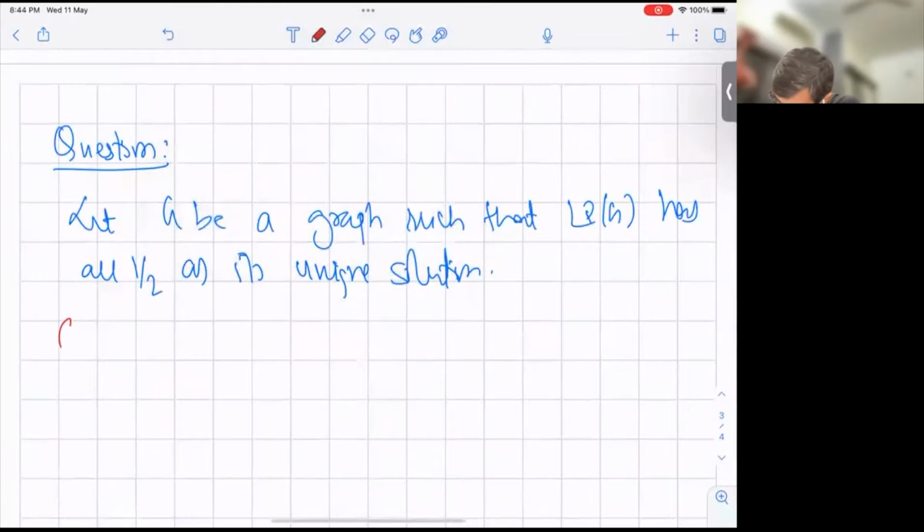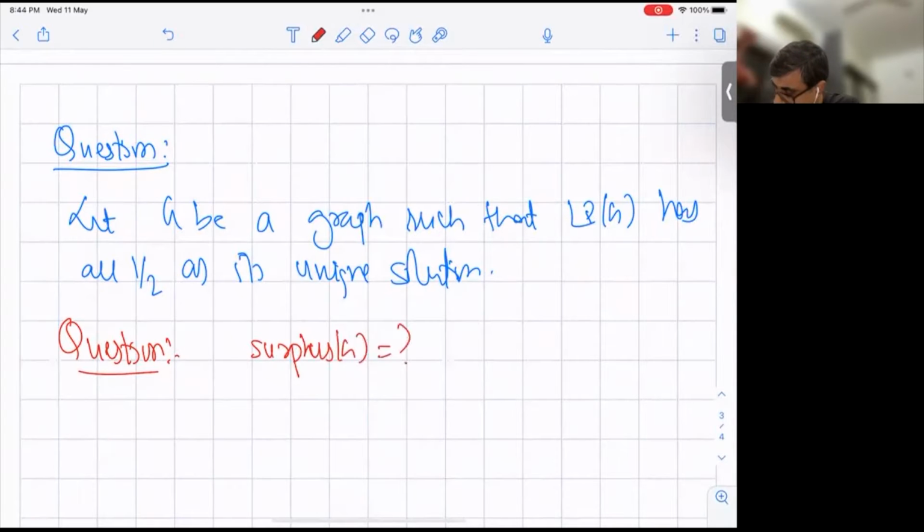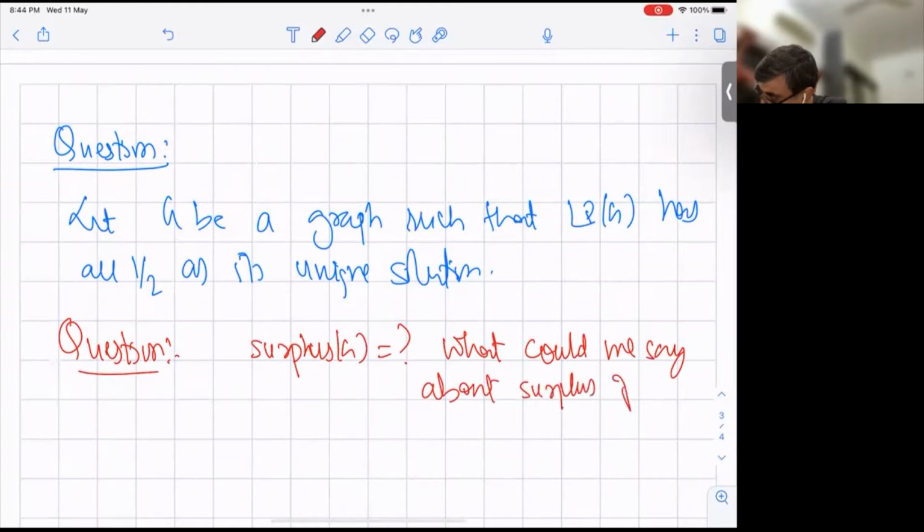Question: what can we say about the surplus of G? Can we say something about the surplus of G for such graphs? Anybody? What do you think?